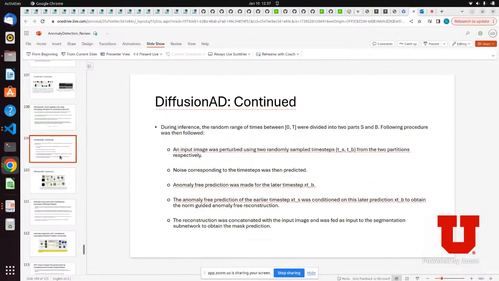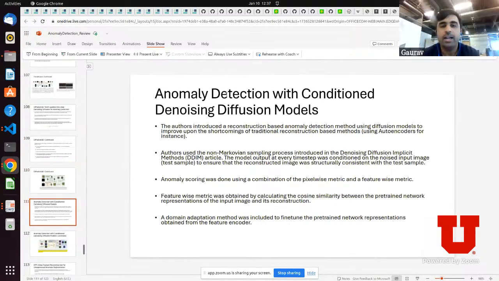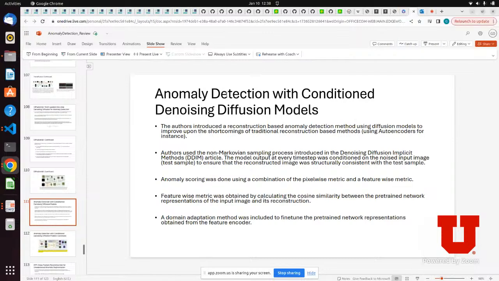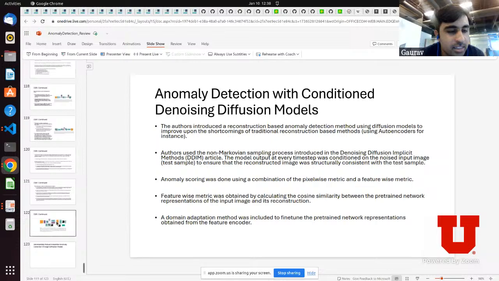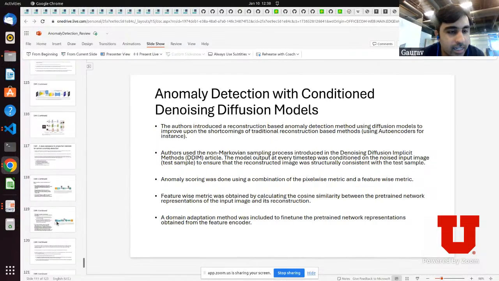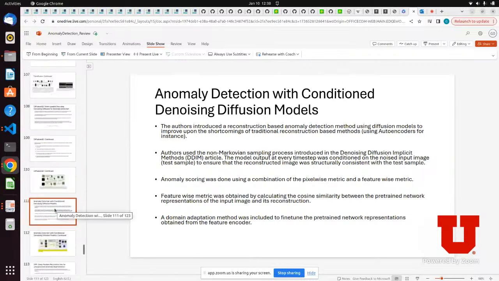So what's next? Anomaly detection with conditional denoising diffusion models. I don't think I have time to continue the discussion, but how many slides are left? I think it's around 10, maybe 20. Let's discuss about them next week.